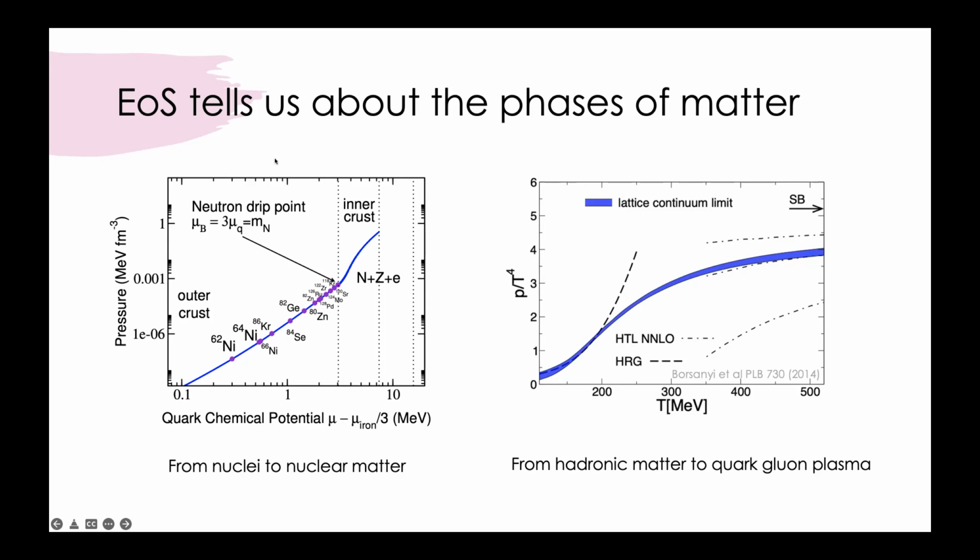Similarly, in the context of neutron stars, if you look at the interface between the outer crust and the inner crust, in the outer crust you have matter which is made out of a lattice of electrons and nuclei.